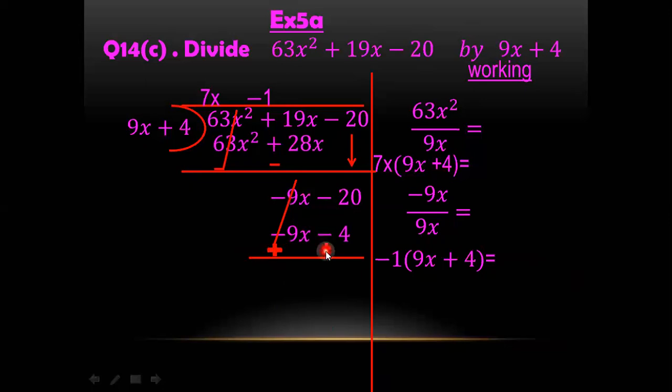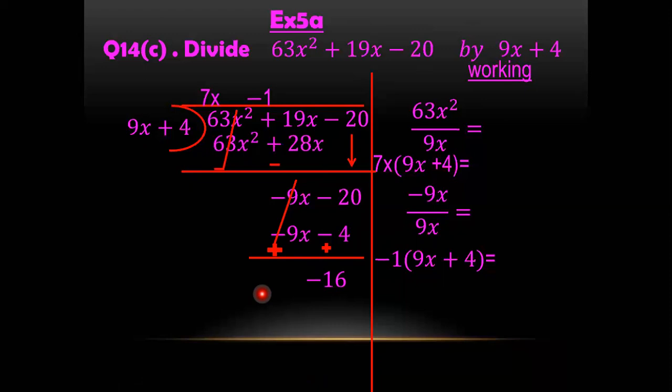Minus 20 plus 4. 20 is the bigger term and it has a minus sign. 4 will count with the plus sign. So they will actually be subtracted because they have different signs, and the sign with the answer will be of the bigger term, which is minus. So we will get minus 16 as the remainder.